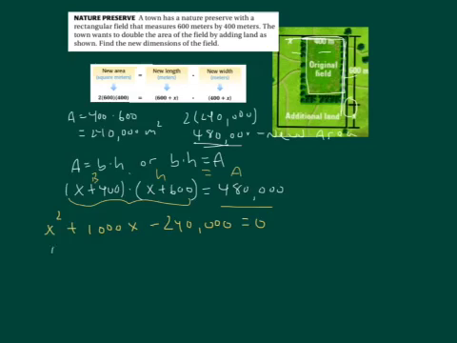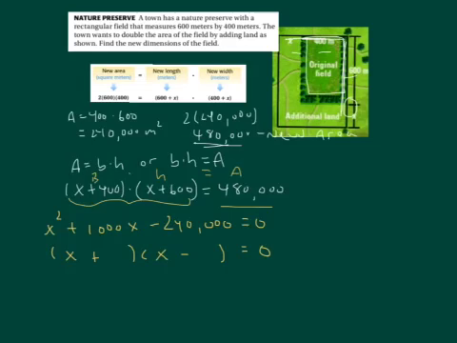So what we're going to do now is do what we know how to do. We're going to factor. Our 240,000 is negative, so that's a plus and a minus. It's going to be an x, and an x gives us x squared. And now two numbers that multiply to 240,000 and have a difference of 1,000.